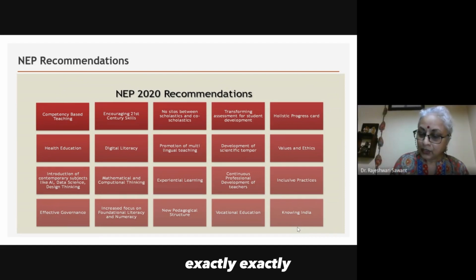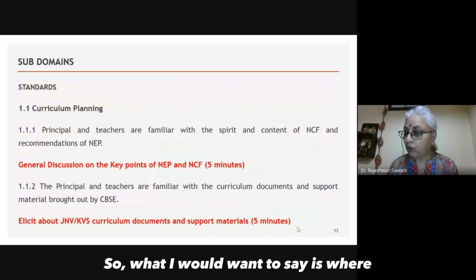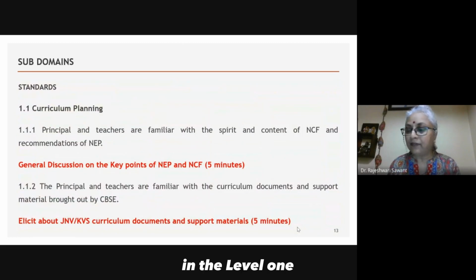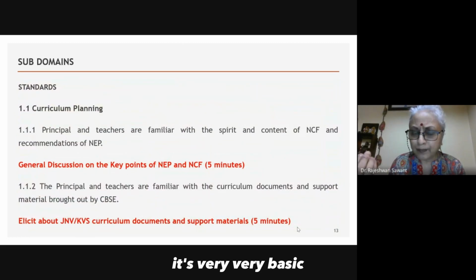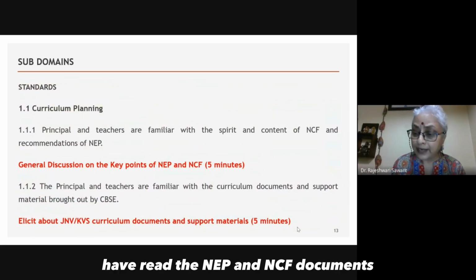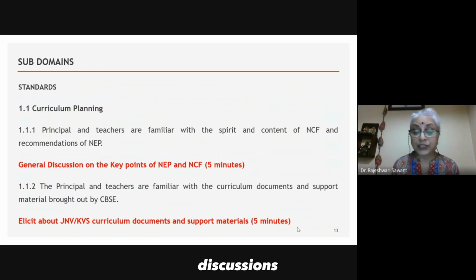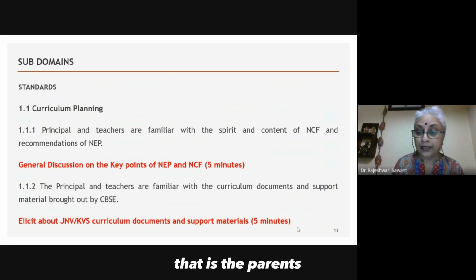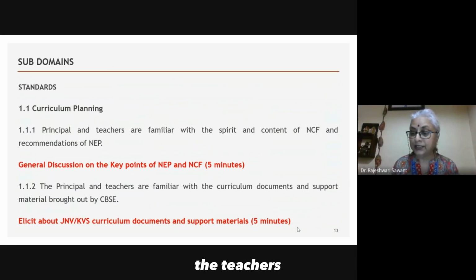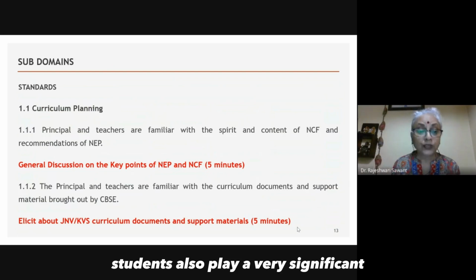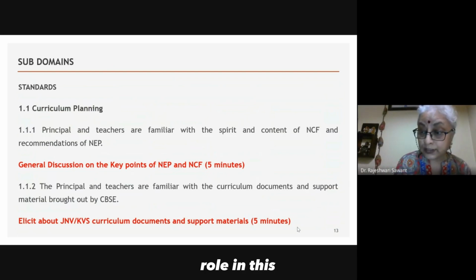Exactly. So, what I would want to say is, level 1 is very, very basic, where school leaders have read the NEP and NCF documents and engaged in discussions with the stakeholders of the school, that is the parents, the management, the teachers, as well as the students. Students also play a very significant role in this.